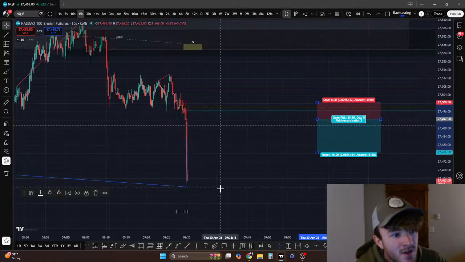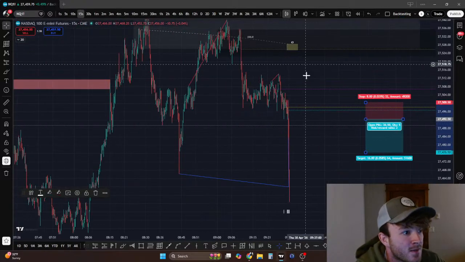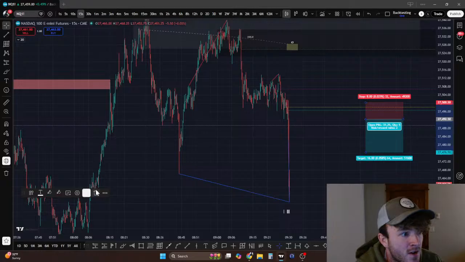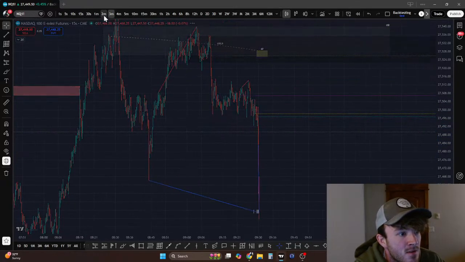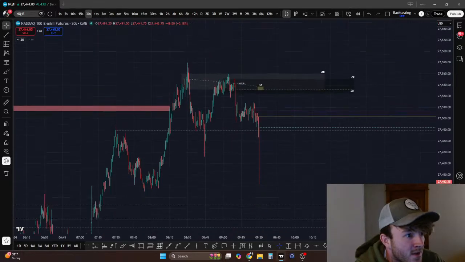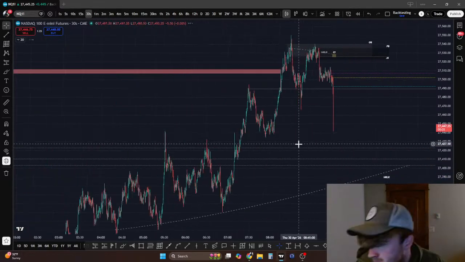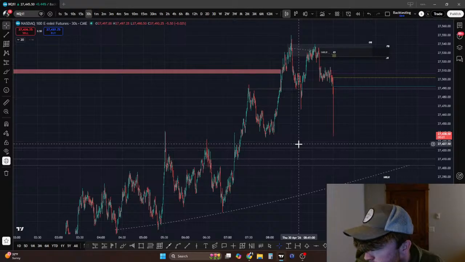So this is what I expected, but I was thinking we were gonna get more of a retracement or more of a move up. We did not. But I was expecting dumps at market open. I said that.